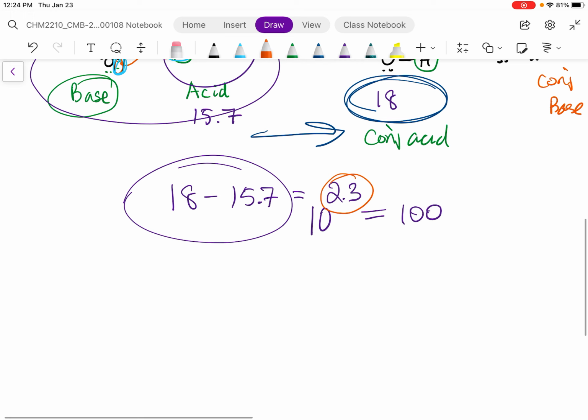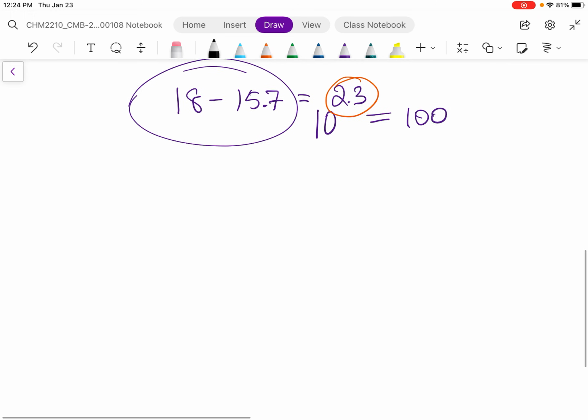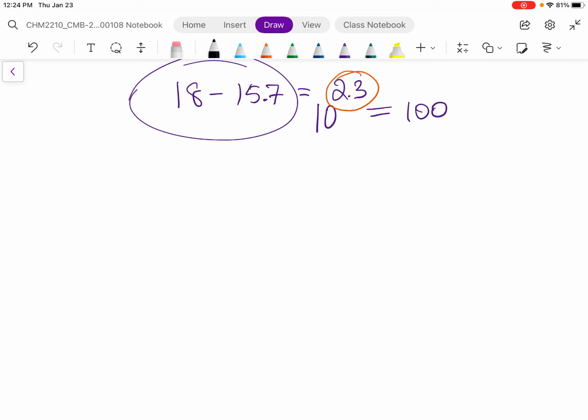Okay, so for class next Tuesday, I want you to practice this problem on your own and come with an answer. There it is. Give me the answer of what I just did up here.